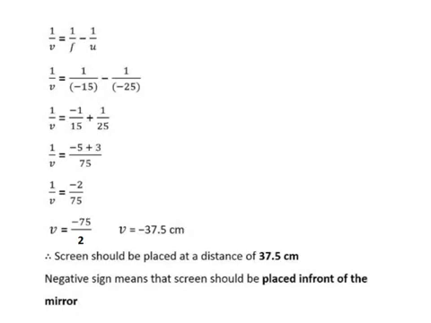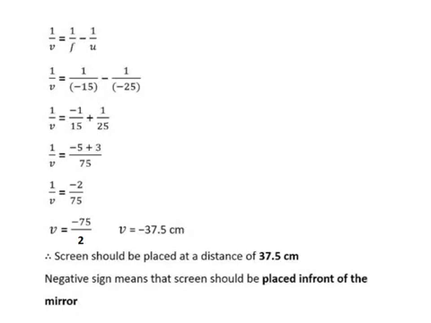You will get 1 by v is equal to minus 2 by 75. Therefore v will be minus 75 by 2, which is equal to minus 37.5. So what does this minus sign indicate? The minus sign indicates that the image is obtained on the left side of the mirror. So when it is obtained on the left side, it must be real.